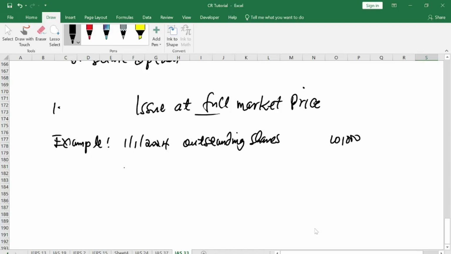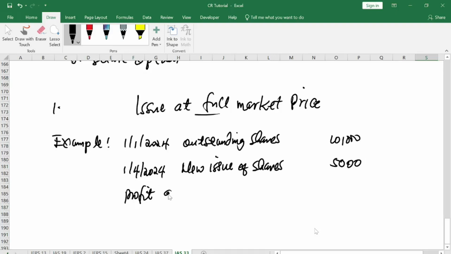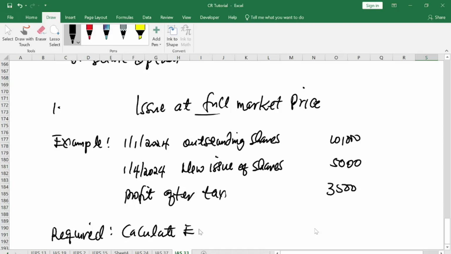And on 1st October 2024, you did a new issue of shares of 5,000. Then you have profit after tax of 3,500 and required: calculate earning per share as at 31st December 2024.